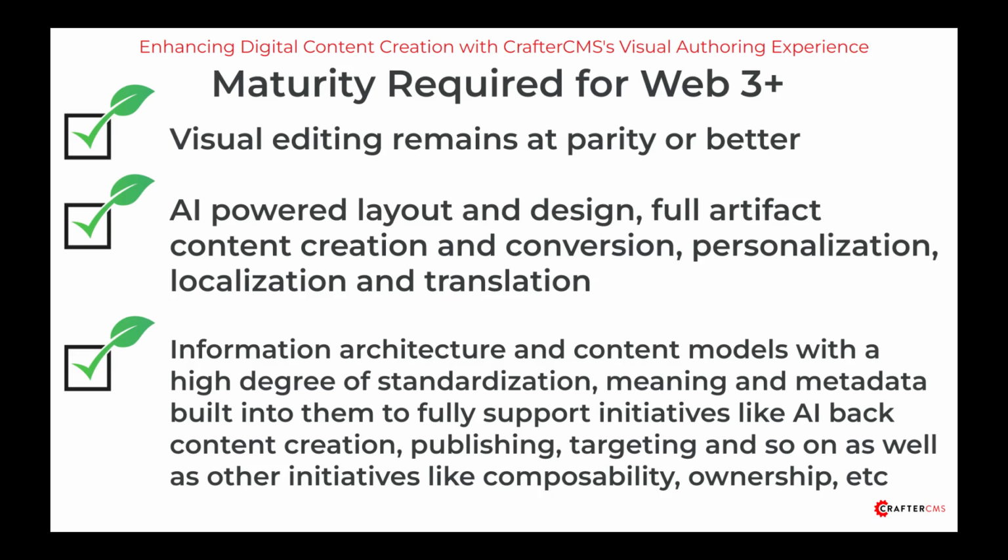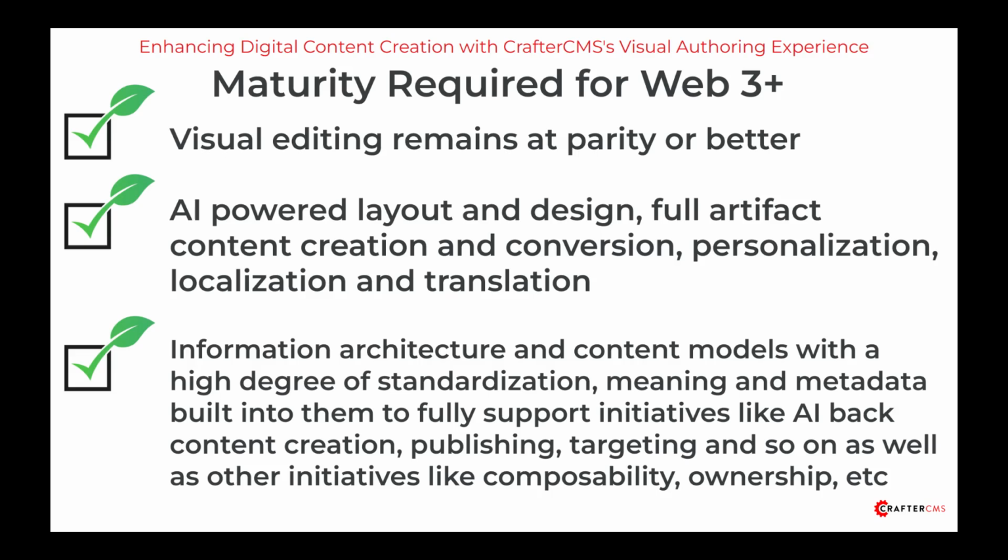In other words, we need support for really strong content models that have very well-defined fields that mean the same thing across all objects, and great metadata about those fields, what they are, who the audience is, and so on. And of course, the actual properties that you collect are going to depend on your use case.